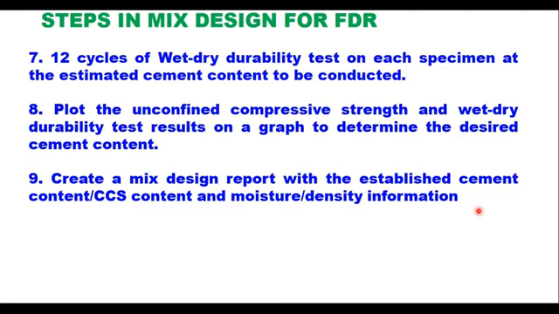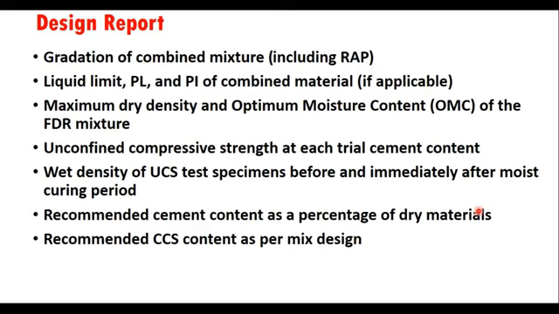The design report should contain the gradation of combined mixture, including the content of RAP, liquid limit, plastic limit, and PI value of combined material if it is required, then maximum dry density and OMC graph of the FDR mixture, UCS at each trial cement content, wet density of UCS test specimen before and immediately after moist curing period, and recommended cement content as a percent of dry material, and also recommended content as per mix design.